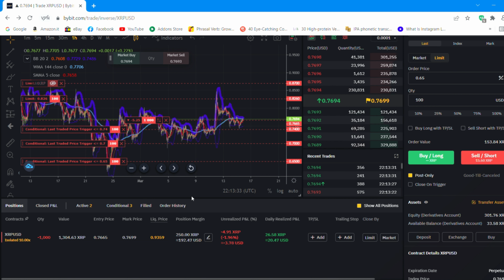So again, if I want to put 1,000 in, I will start with 100. If I want to put $10 in, I would start with $1. If I want to put 100 in, I would start with $10, because the amount of money that I put in one trade needs to be covered 10 times by the DCAs and by the margin.